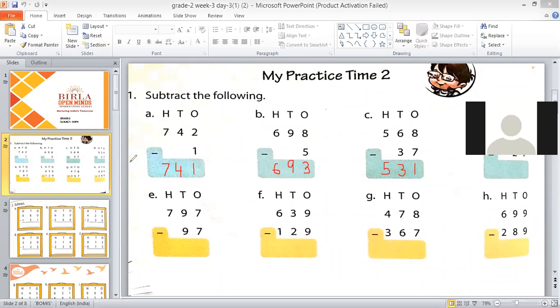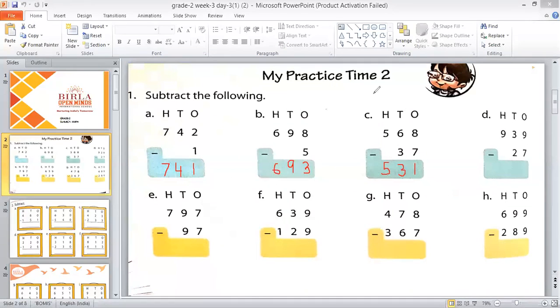Ashrita, now you tell me answer for bit D, Ashrita. First read that question quickly. Ma'am, answer is 912. No, Ashrita, first read question. 939. Yes.